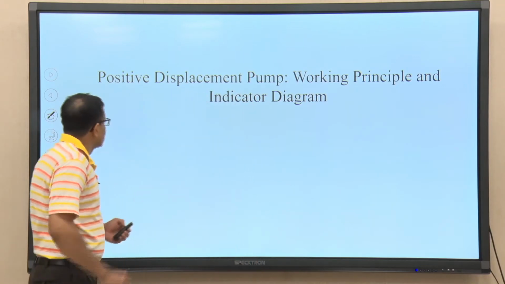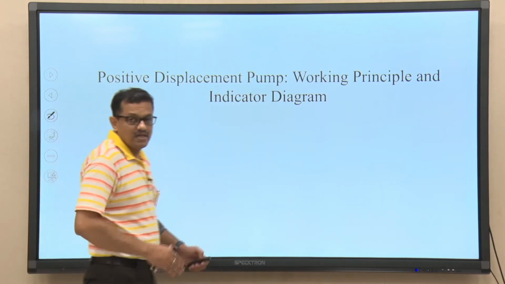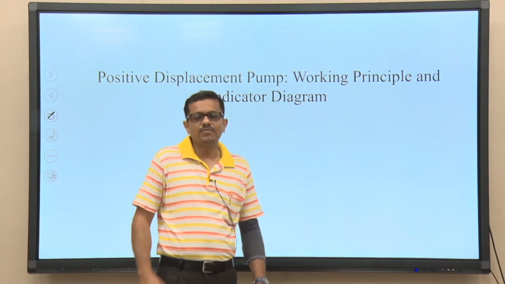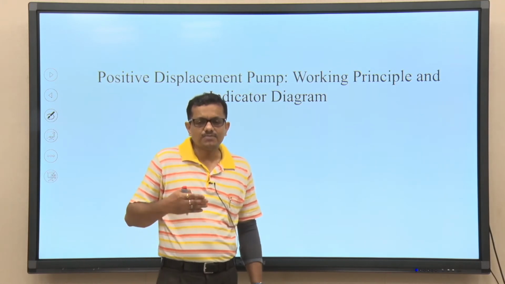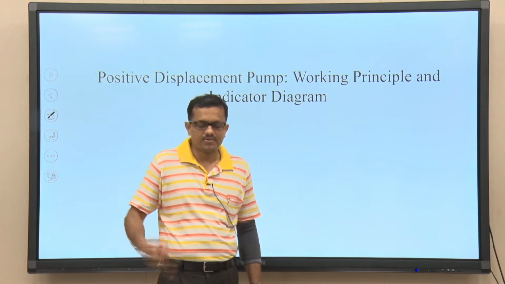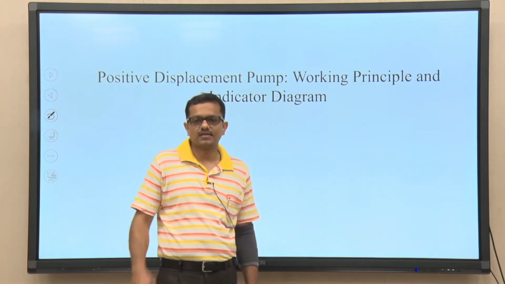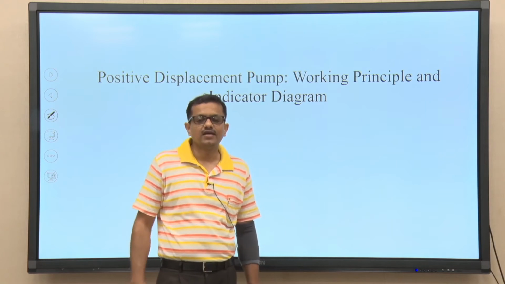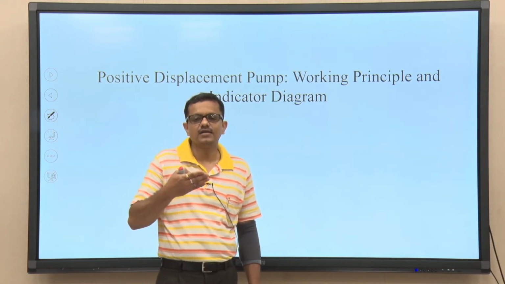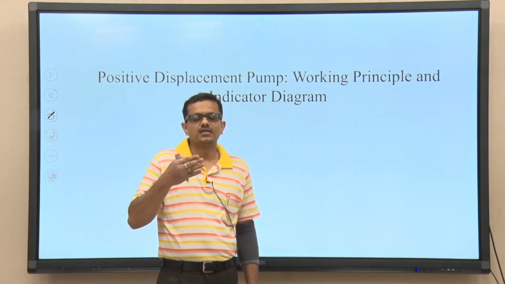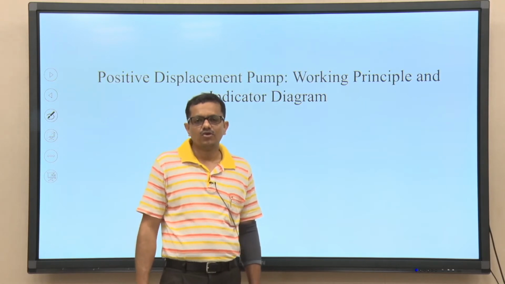But the positive displacement pump is another type of pump. In fact, this type of pump is used in applications where we need high head and the requirement of discharge is low to moderate.